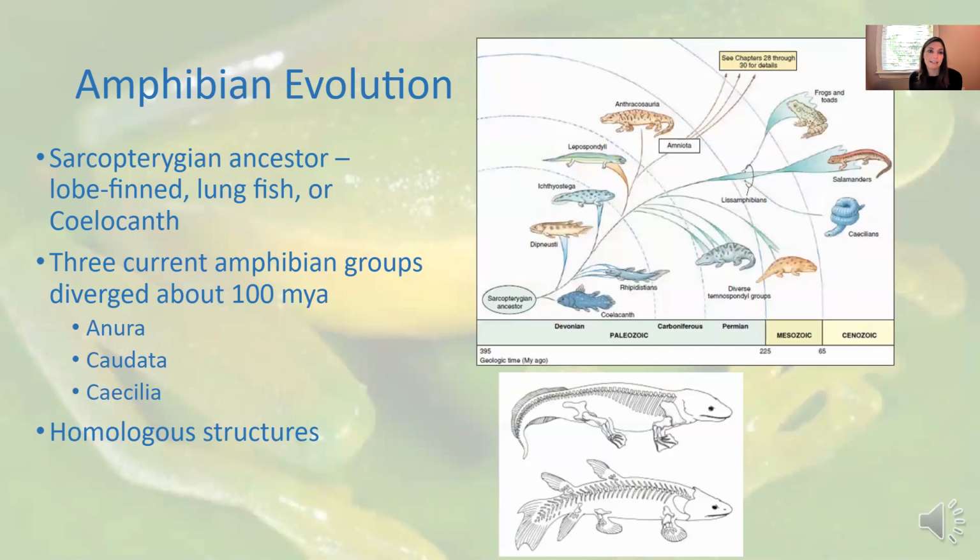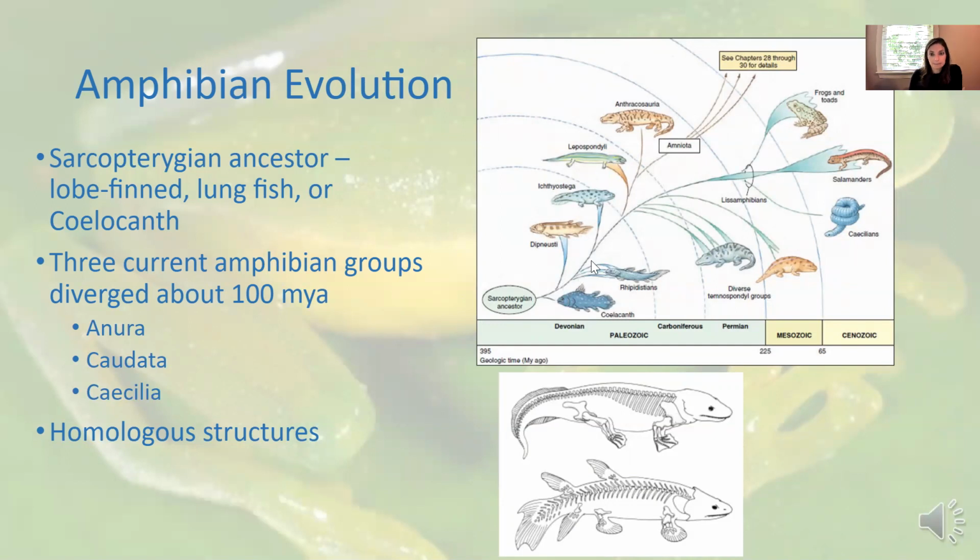So how did they get here? Amphibian evolution starts with a Sarcopterygian ancestor. Do you remember when we talked about fish? The Sarcopterygian fish are those that are lobe-finned, lungfish, or coelacanth, so kind of the fossil fish. Some of them still extant, like the coelacanth, but kind of prehistoric fish.